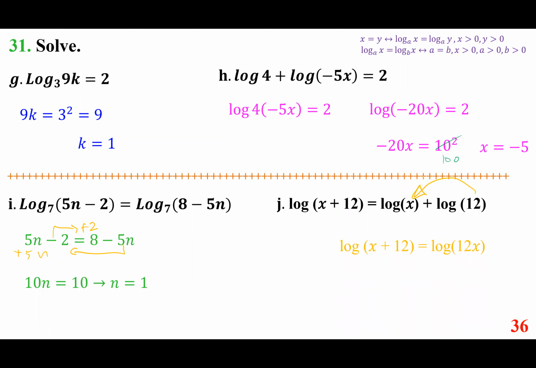And now because they have the same base, namely 10, they must have the same argument, namely x plus 12 must be equal to 12x. If I subtract the x from this side, it becomes 11x, and divide by 11, x is 12 over 11.